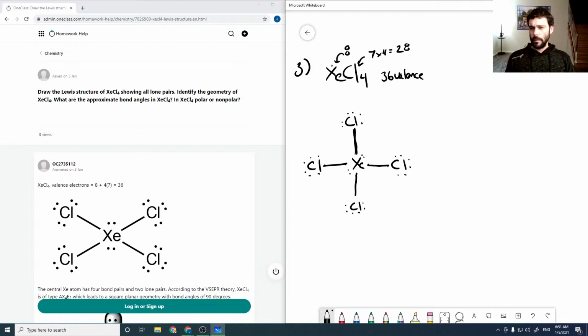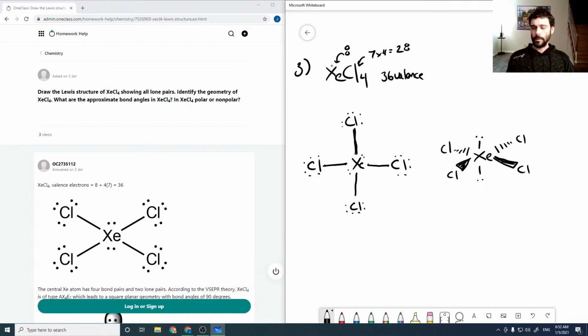Okay. If we draw the molecular structure, it would look something like this, where I have the lone pairs going above and below xenon. And I'm using wedges and dashes to indicate a bond coming out of the page and into the page.